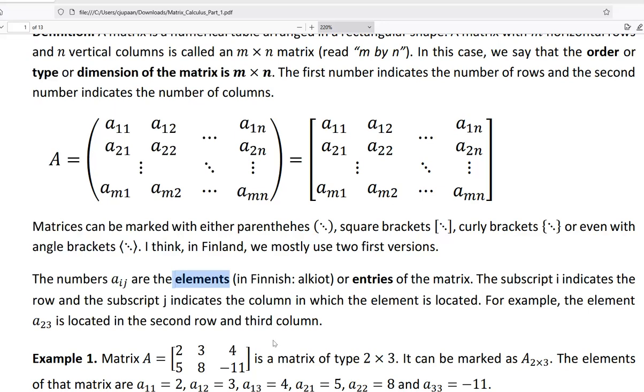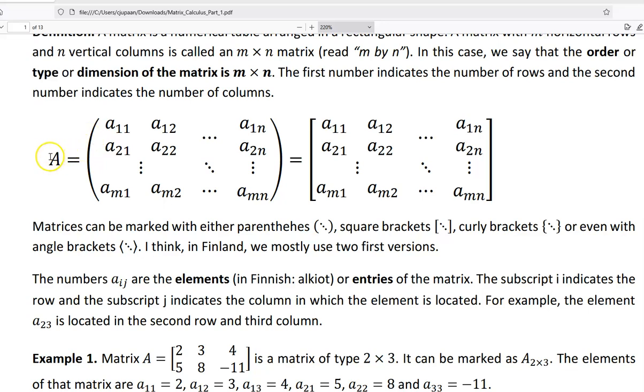But in this meaning, mostly we use the word alkio. In English you may call them entries of the matrix, those numbers inside of the matrix. And the method how we notate these elements is this kind of method.